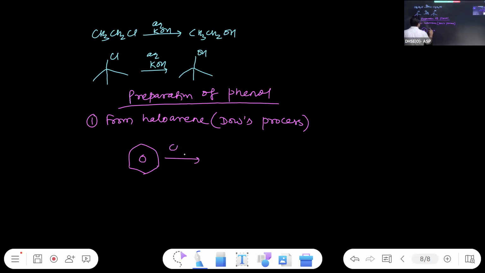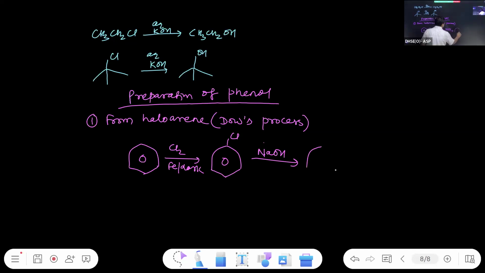Benzene undergoes halogenation to form halobenzene. Then it is treated with or fused with NaOH to form this intermediate.